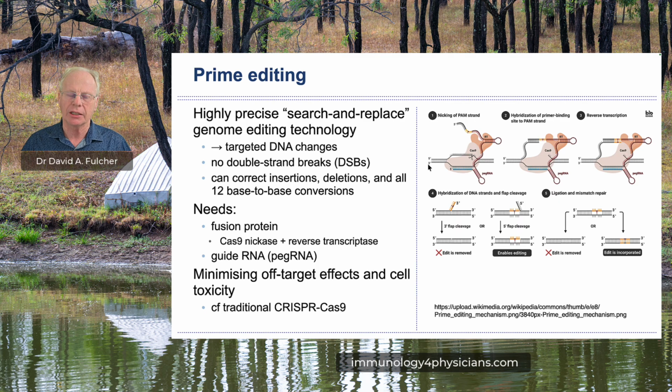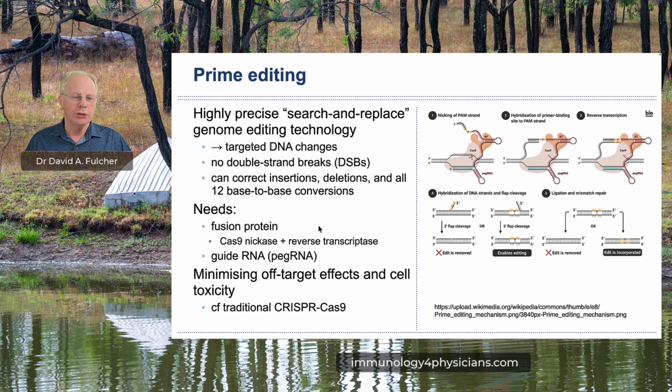But basically, to cut a long story short, it's a search and replace genome editing technology where there are targeted DNA changes, and these changes that can be corrected include insertions, deletions, and base-to-base conversions. It has the advantage of not having to introduce double-stranded breaks, so it's better tolerated by the cell.